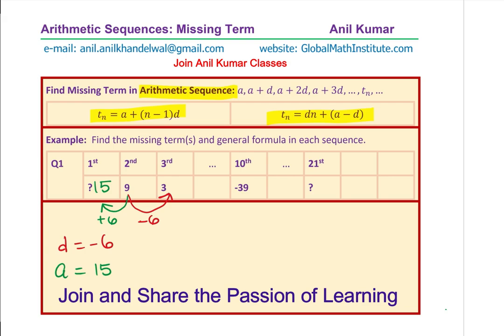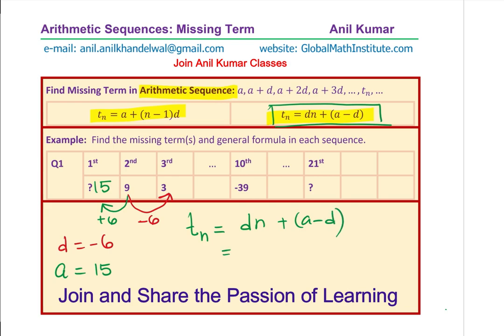I'm trying to show you the strategies which can help you find the solution in minimal time. This is very important from many test points of view, correct? Okay, and now let's find the general term, Tn. General term is, we are going to use this particular formula which relates D, the common difference, times n plus a minus d, right?